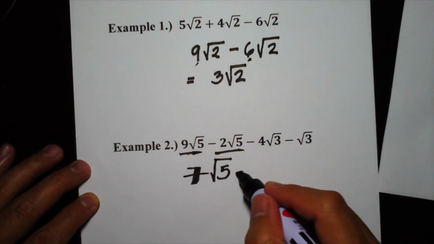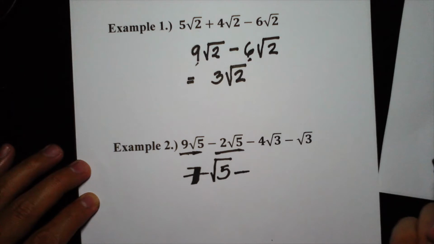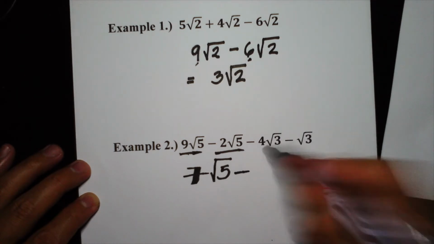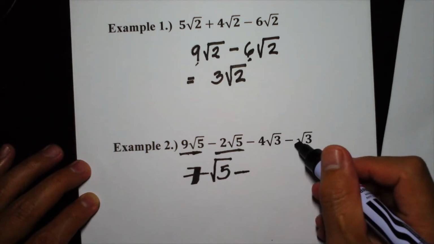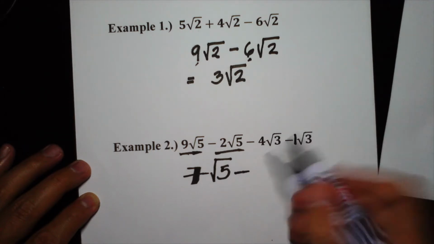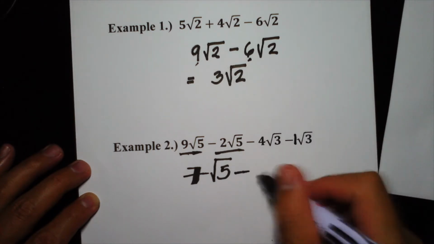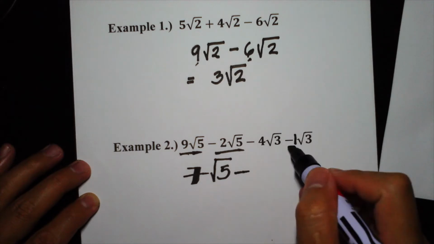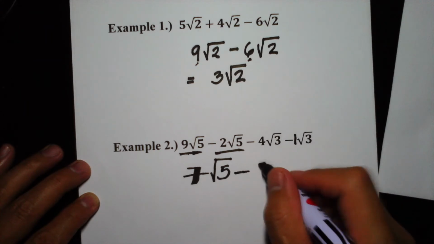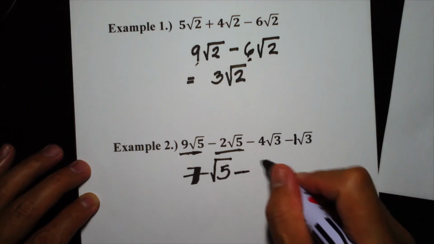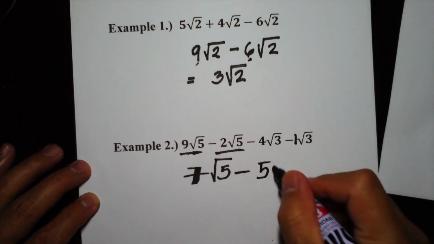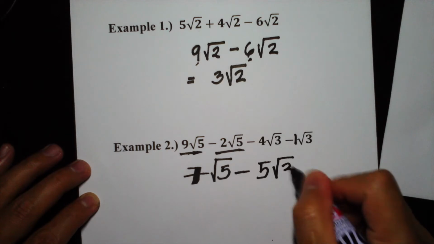So negative 4 minus negative 1, because there is a 1 there. So that will be negative. Since they are both negative, they will proceed to addition. That will be what? 5 square root of 3, copying the square root of 3.